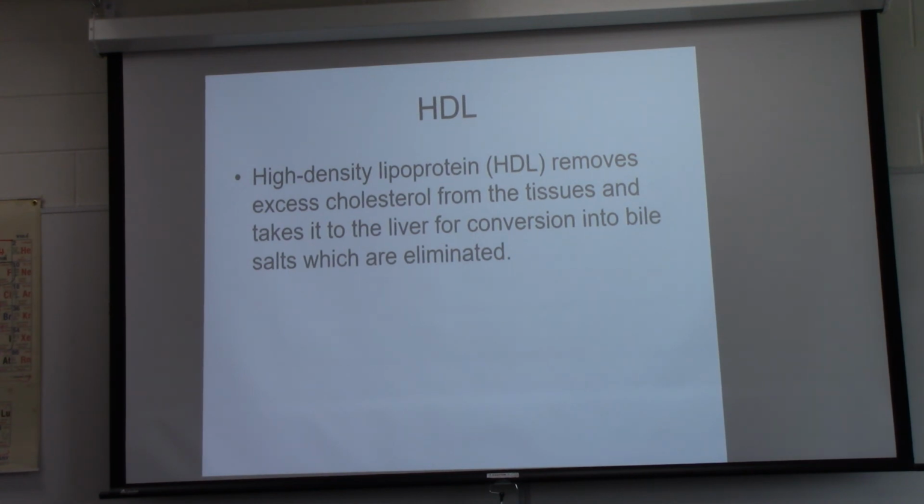So what happens to them is that these proteins here, the HDLs, go around and collect excess lipids that are floating around in the blood. So they're like garbage trucks. They go around, look for any extra garbage lying around. They take it to the liver, and the liver breaks it down into bile, and then it gets transported to your gallbladder, and then broken down further, etc.